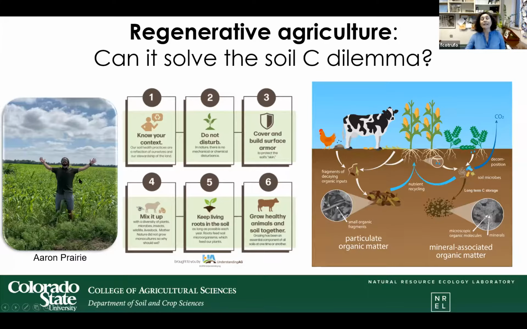But anyway, what Aaron is doing in collaboration with General Mills is looking at a lot of different farms in Kansas that adopted the 6 principles of regenerative farming, and a lot of them are also adopted in the cropping system, where you have cover crops, so the continuous input, the deep root inputs.